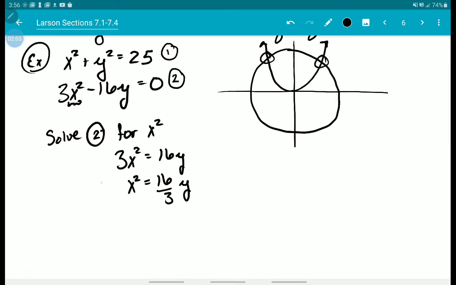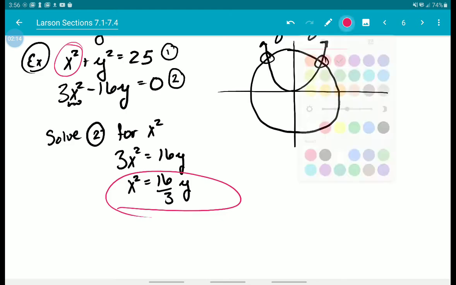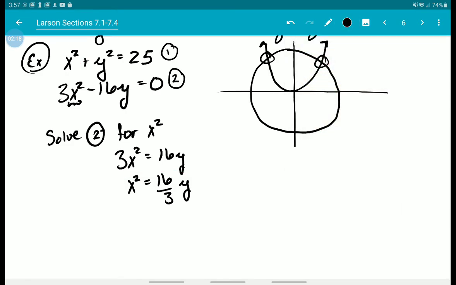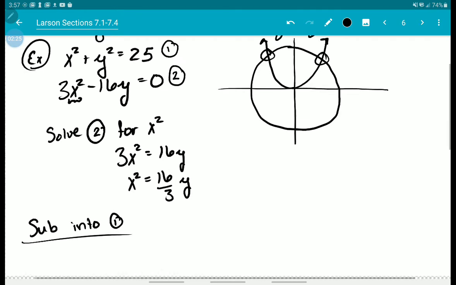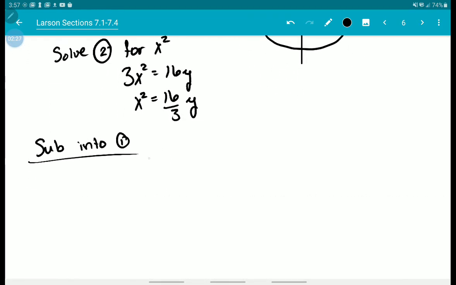So now that we have a substitution for x squared, we can substitute into that first equation for x squared. And that will give us an equation that's written just in terms of y. So we're going to sub into our first equation. Our first equation says x squared plus y squared is equal to 25.